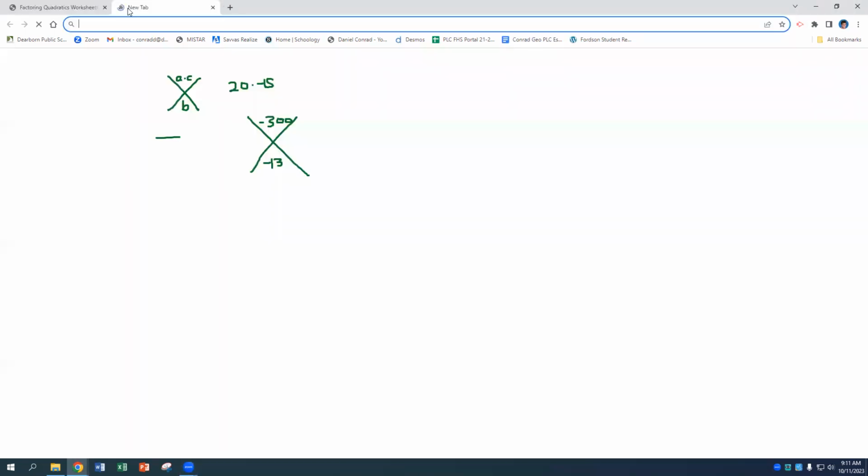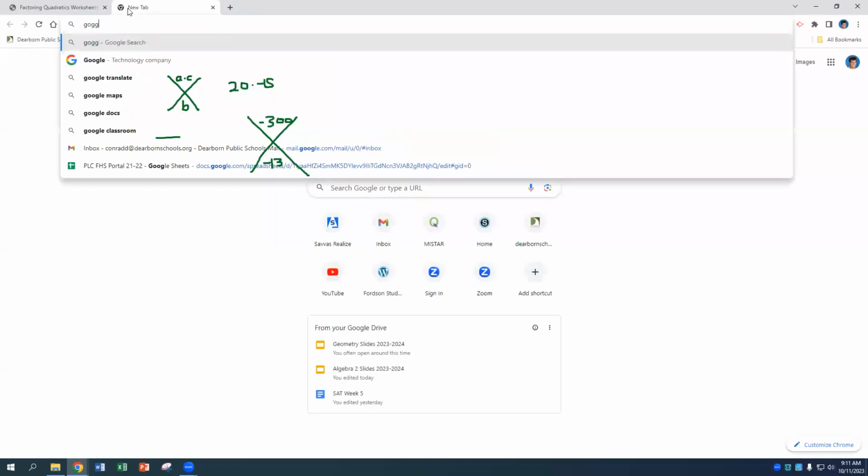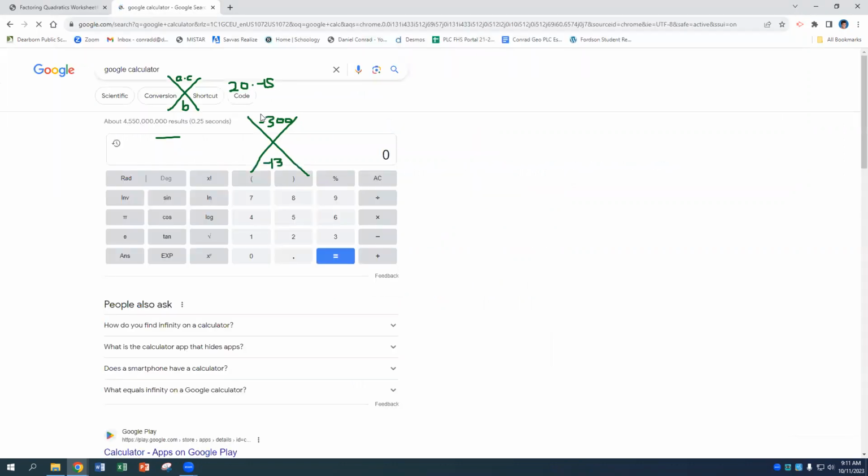So what I like to do, if I have a calculator here, is start with 300 and start dividing by things that I think are going to divide it evenly. I know it's going to be evenly divisible by 2. It's got to be one positive, one negative, so the difference between them is going to have to be 13.